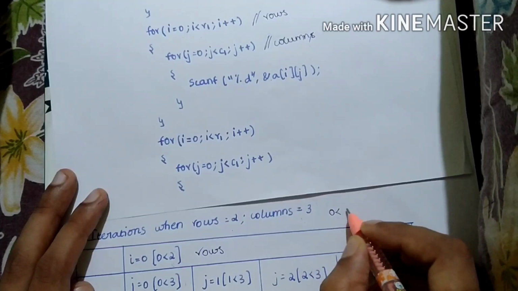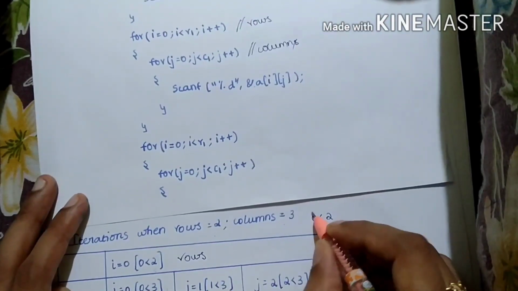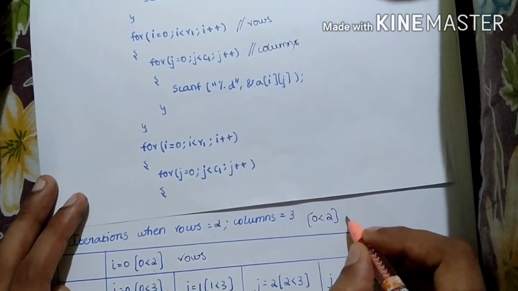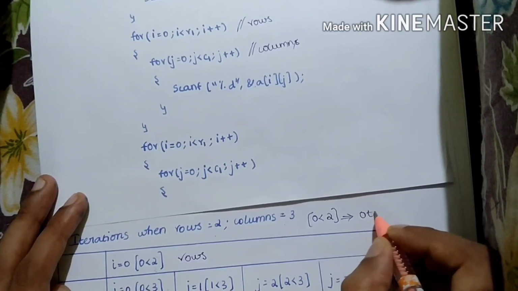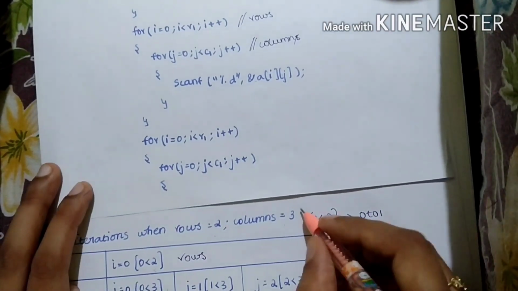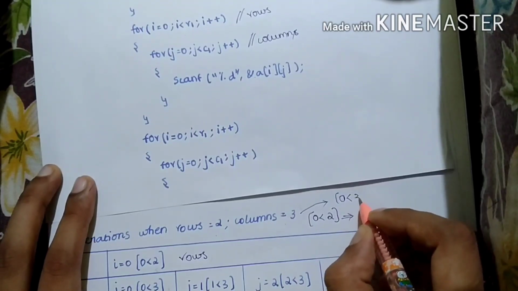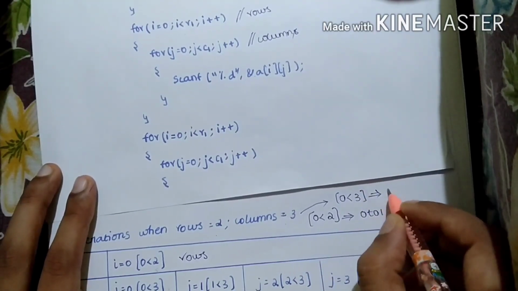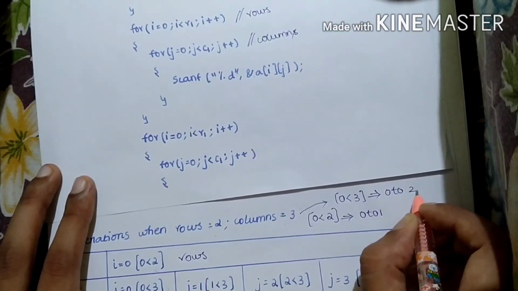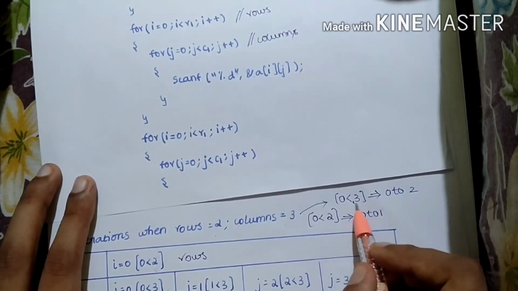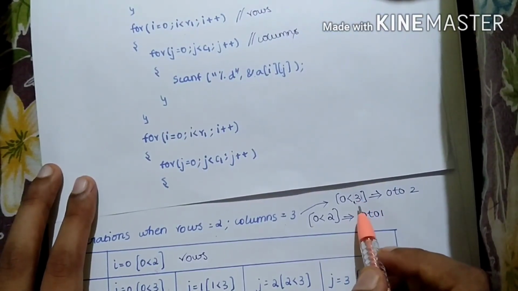till 0 to 2. That means 0 less than 2, that means 0 to 1. And in columns, the condition is 0 less than 3, and it iterates from 0 to 2. Because it's less than, I have not given equal to 3.